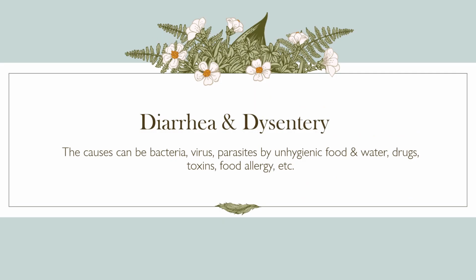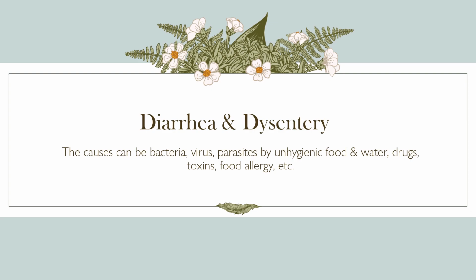So let's talk about diarrhea and dysentery. The common causes of diarrhea and dysentery can be due to bacteria, viruses, parasites, unhygienic food and water, and then it can be due to drugs, toxins, food allergy, etc. There can be other causes also, but these are the main causes.